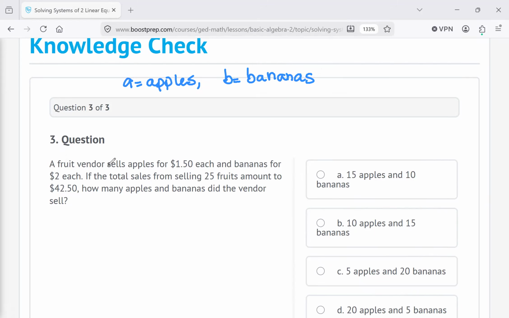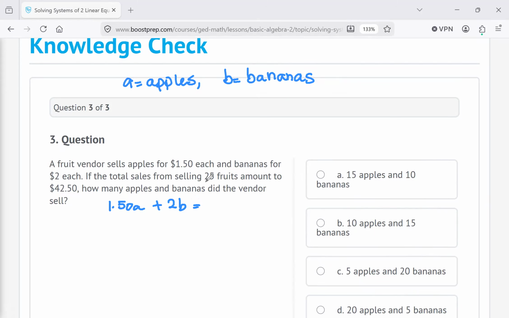A fruit vendor sells apples for $1.50 each and bananas for $2. So that could be expressed as 1.50a plus 2b, right? $2 for bananas, $1.50 for apples. And what am I going to set that equal to?